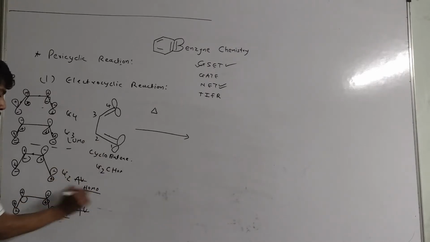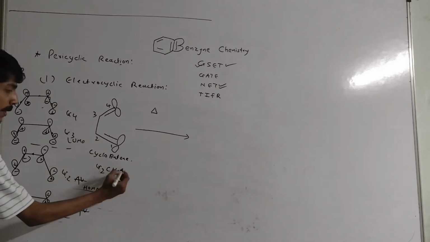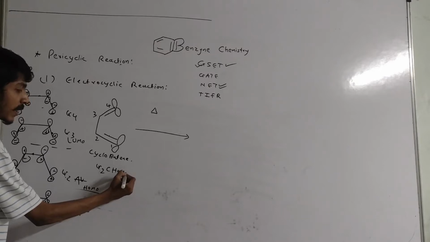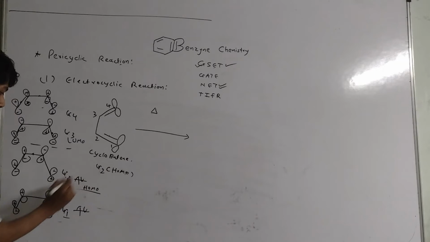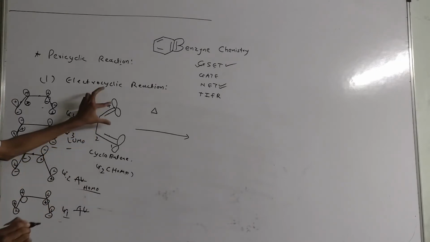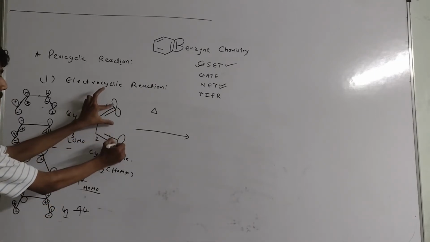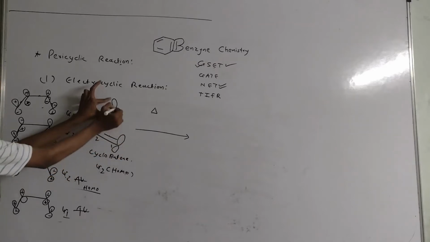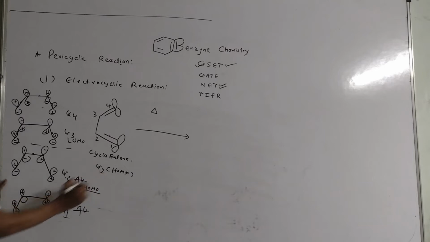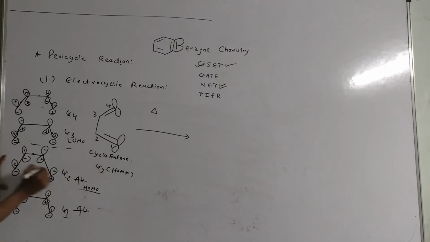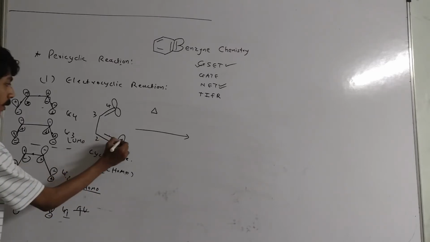Take the HOMO case. In electrocyclization, you just take the HOMO of the wave function. Draw the p orbitals present at the end carbons, the 1st and 4th carbon. Here in psi 2, the end p orbitals have different signs.